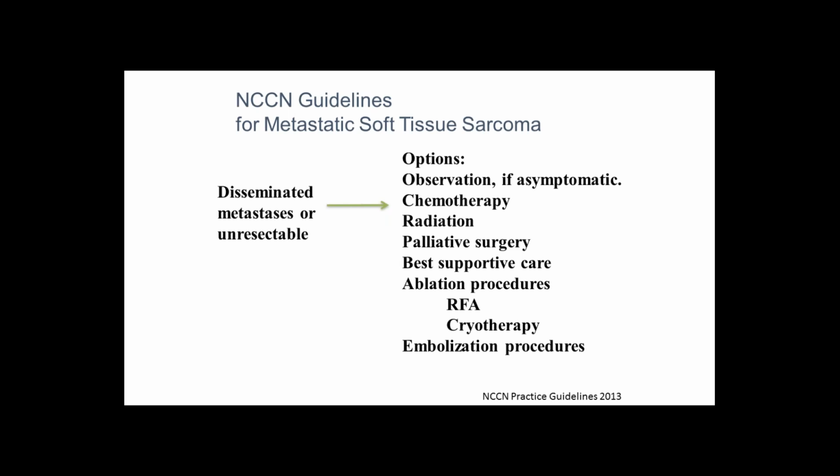So in terms of the treatment of metastatic soft tissue sarcoma, there are a number of options available. For people with relatively low volume indolent disease, and if they're asymptomatic, observation is a good option. For patients with symptomatic disease or large volume burden disease, chemotherapy is the mainstay of management, but other techniques can also be used to treat metastatic soft tissue sarcoma, including radiation, palliative surgery, ablation procedures such as radiofrequency ablation and cryotherapy, as well as embolization procedures.